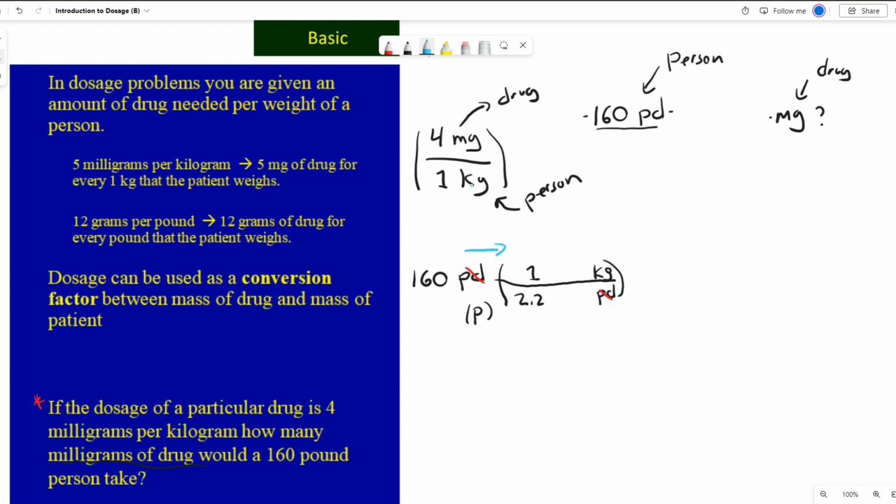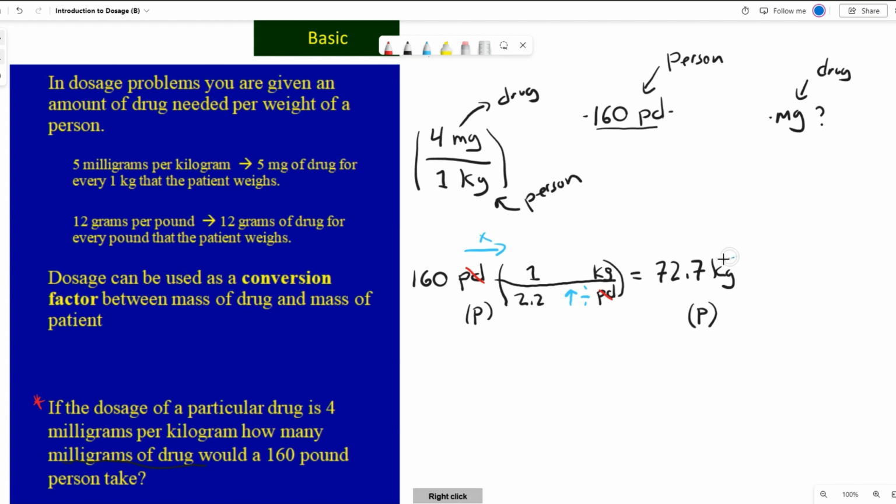Then we just multiply across and divide up. And when we do that, we find that a 160-pound person will weigh 72.7 kilograms. And I'm going to put underneath of this again, P, so that we know this is not the mass of the drug. That's the mass of the person.